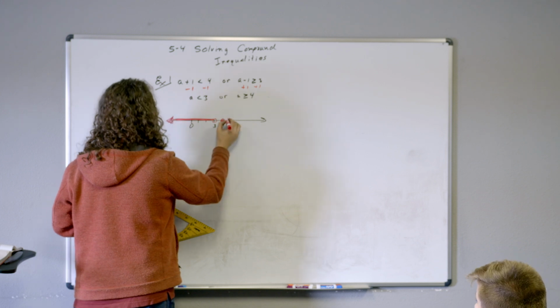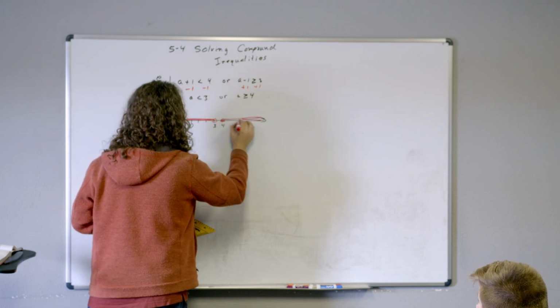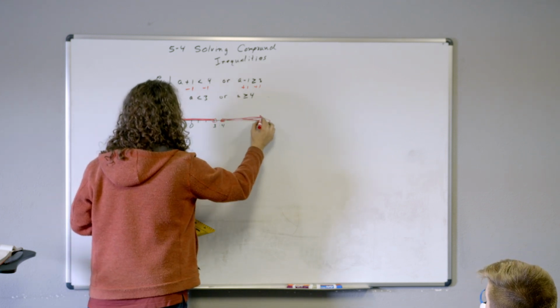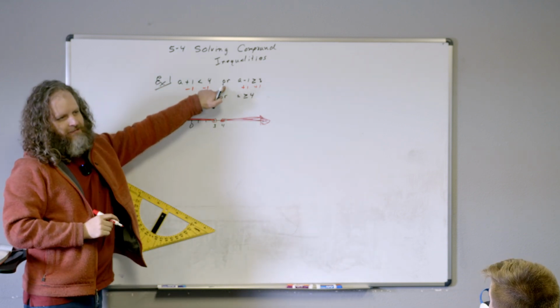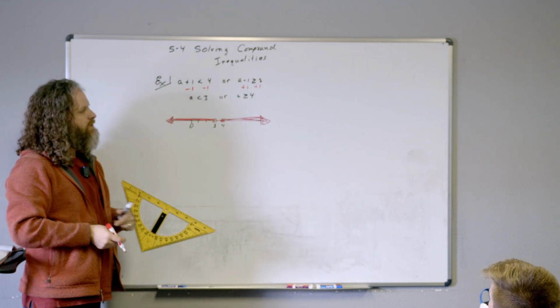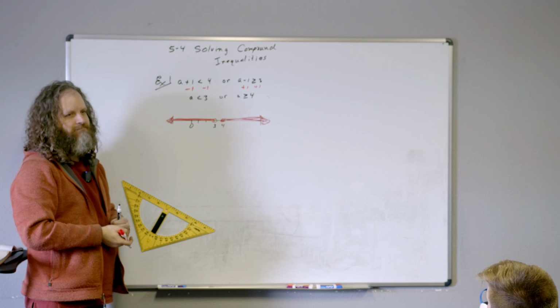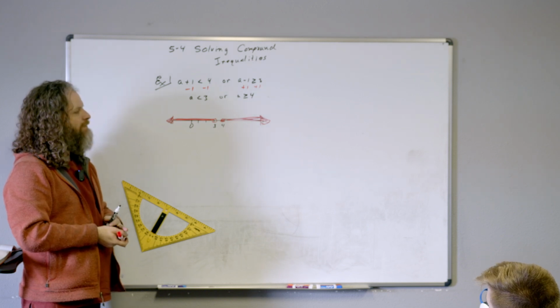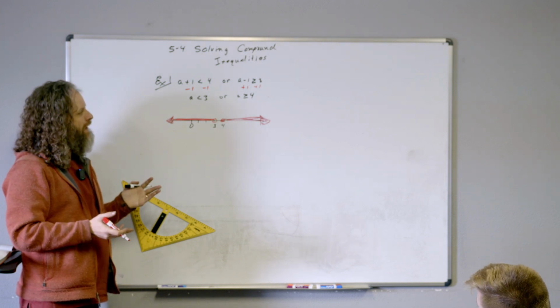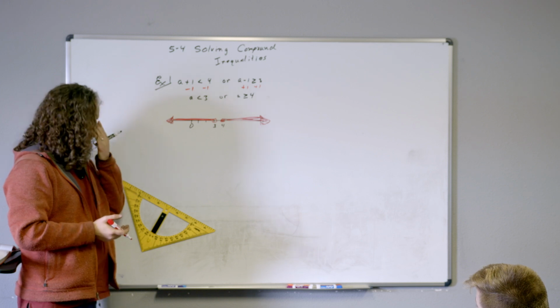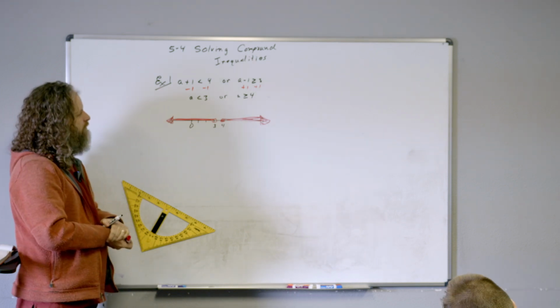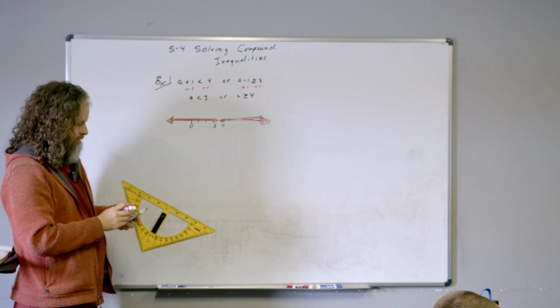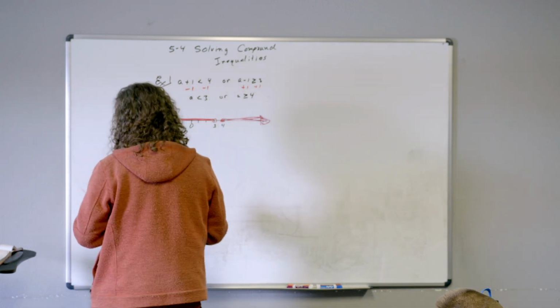If, however, this said and instead of or, we wouldn't shade anywhere. It would be empty because there's no place where a number is less than 3 and greater than 4. We wouldn't even put the circles.